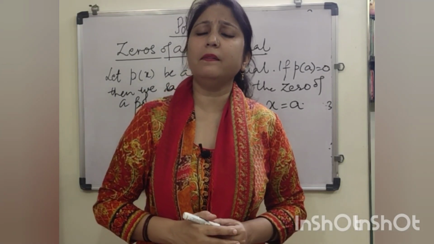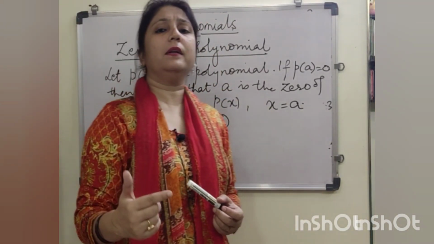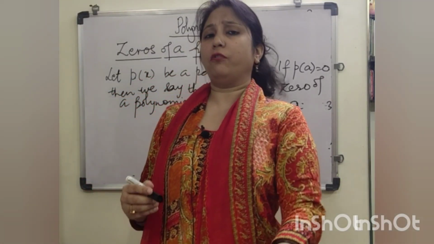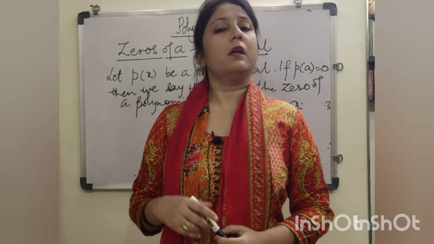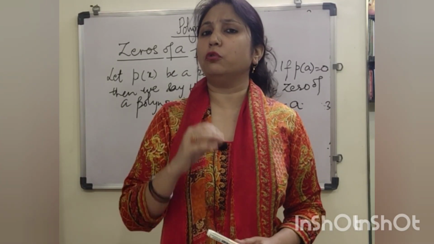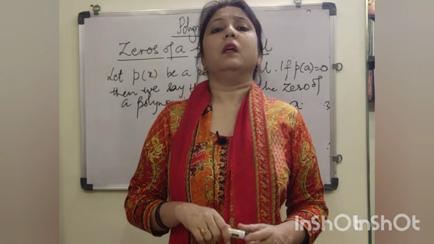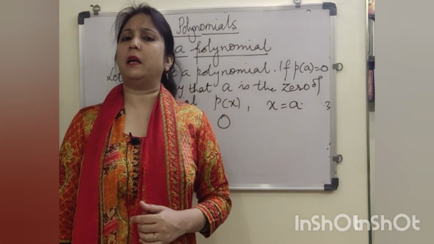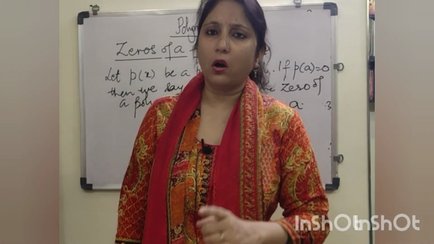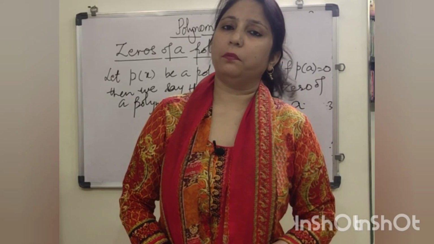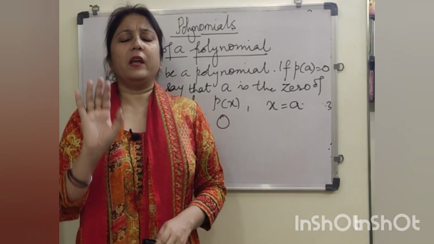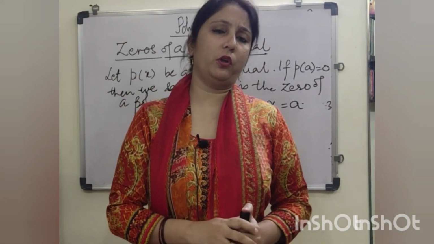We call that a as the 0 of the polynomial, means the value or values of x for which the value of the polynomial becomes 0 is called zero of the polynomial.